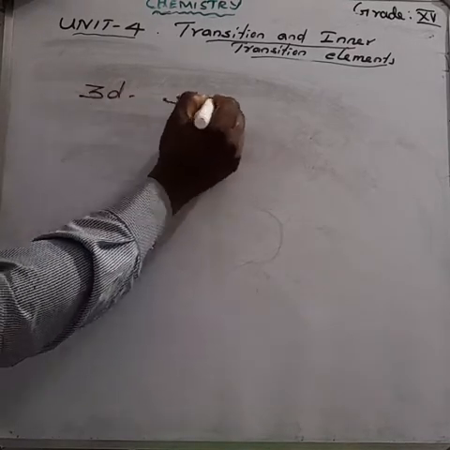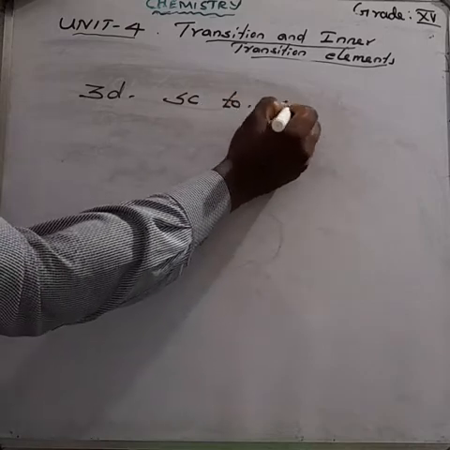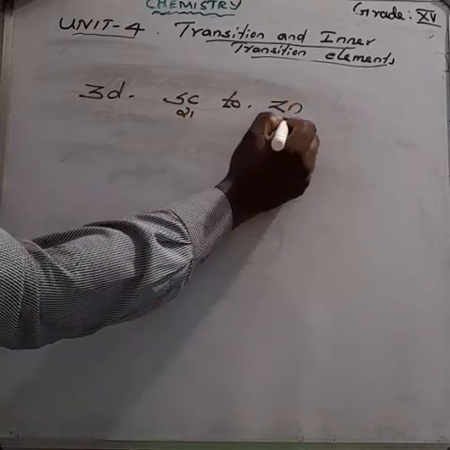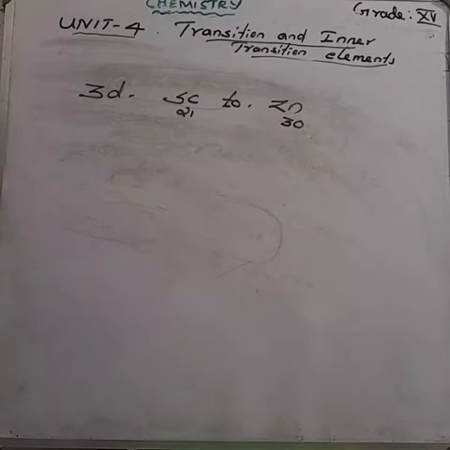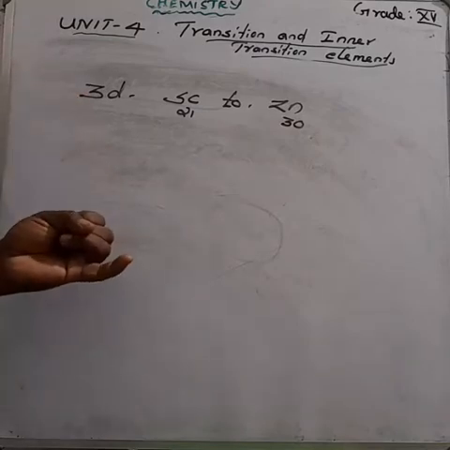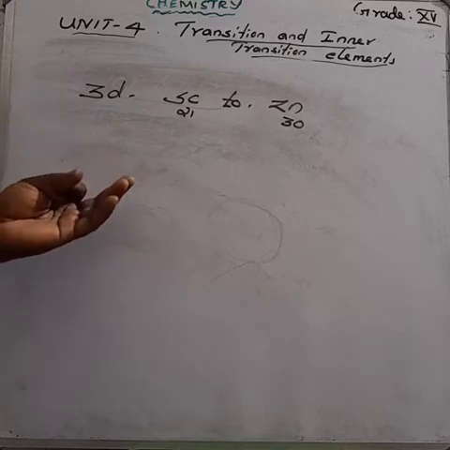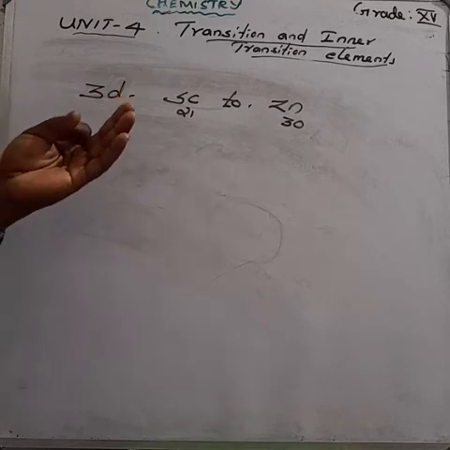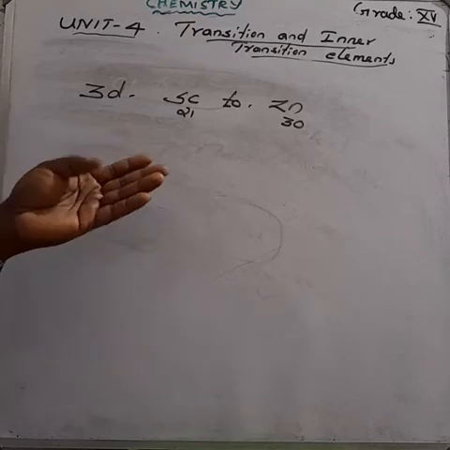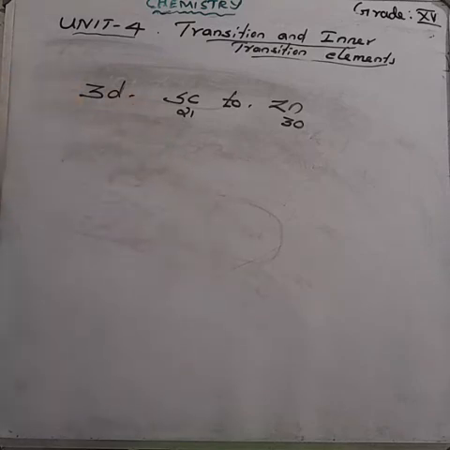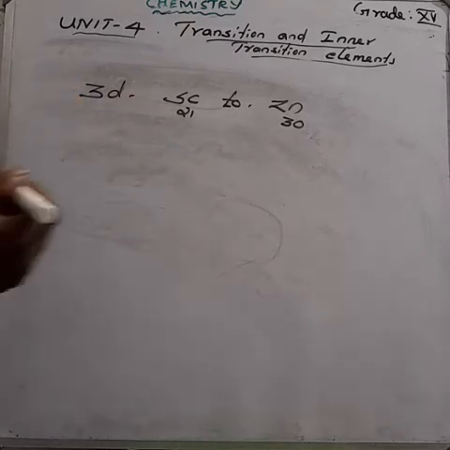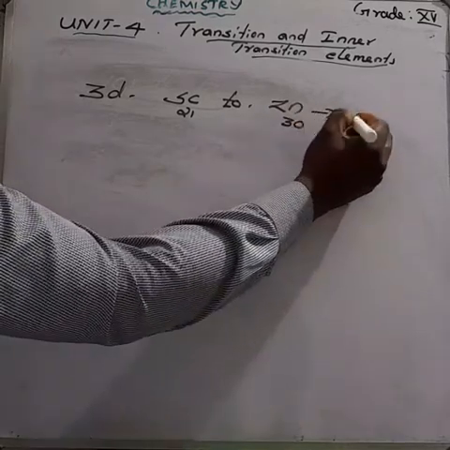Scandium atomic number 21, titanium 22, vanadium 23, chromium 24, manganese 25, iron 26, cobalt 27, nickel 28, copper 29, zinc 30. So scandium to zinc, we have 10 elements.